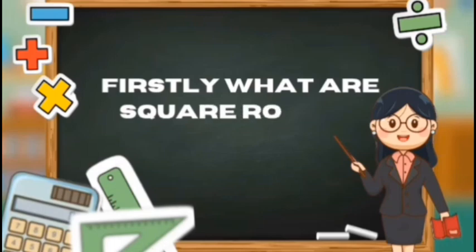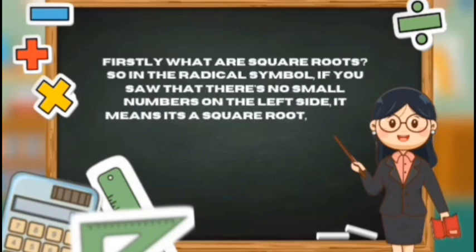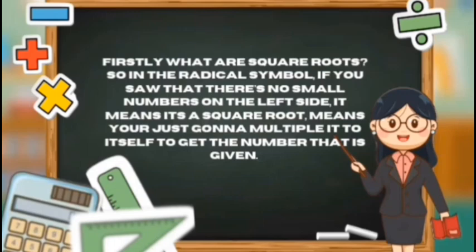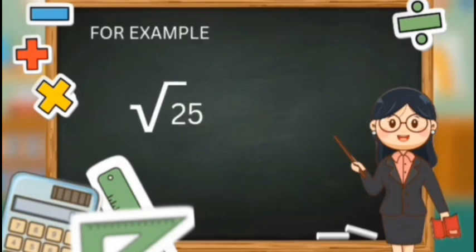Firstly, what are square roots? So, in the radical symbol, if you see that there are no small numbers on the left side, it means it's a square root. It means you're just going to multiply the number by itself to get the number that is given. For example, 25 is the given number.